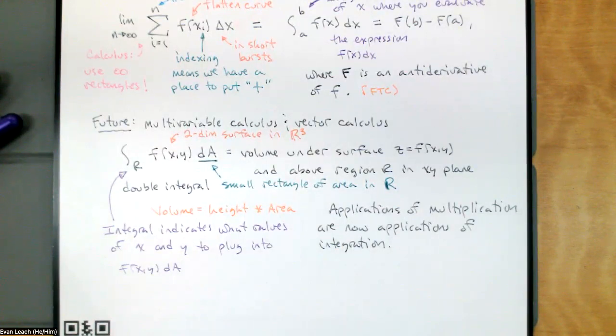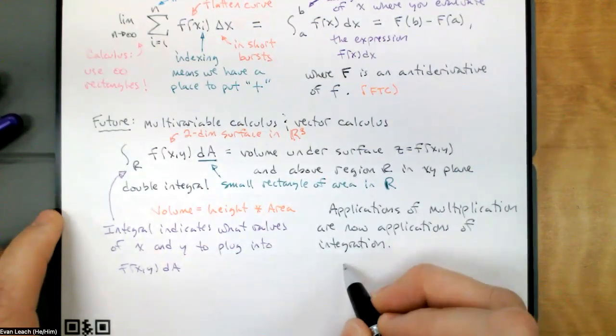Any applications of multiplication are now applications of integration. We take anything that we use to multiply, make one of the factors continuously variable, and now you've got another application of integration. Our favorite is area is equal to length times width.